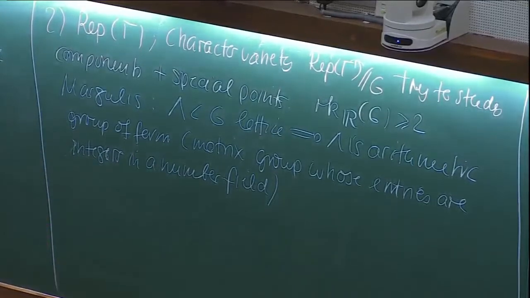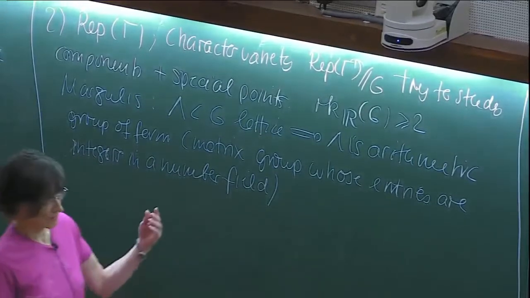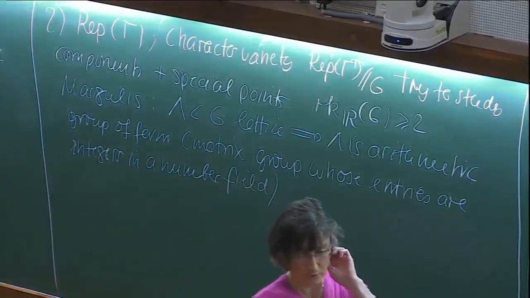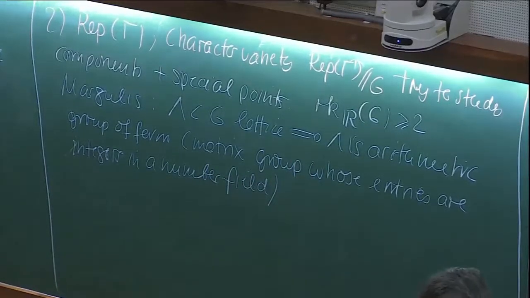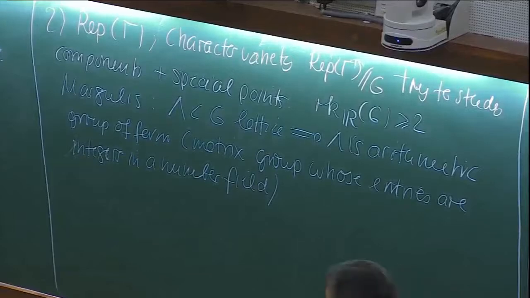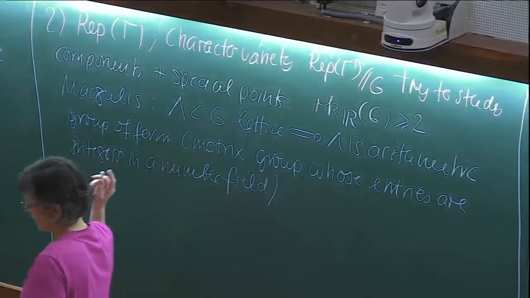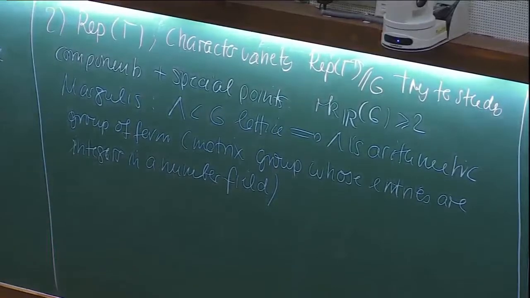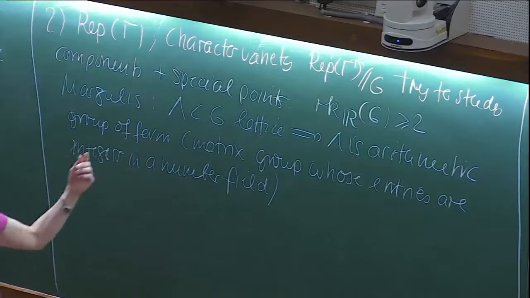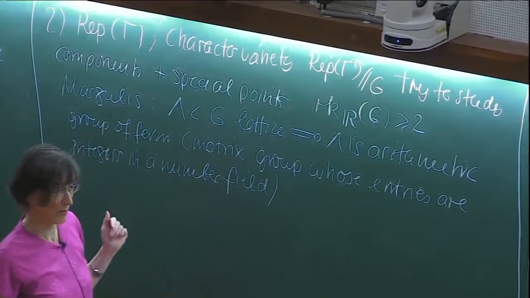So it is not hard to see that this group G is populated by special elements, namely elements that are defined over these number fields. But of course, a lattice, what is a lattice? All elements are defined over the same number field, so the elements are in the ring of integers of the same number field.